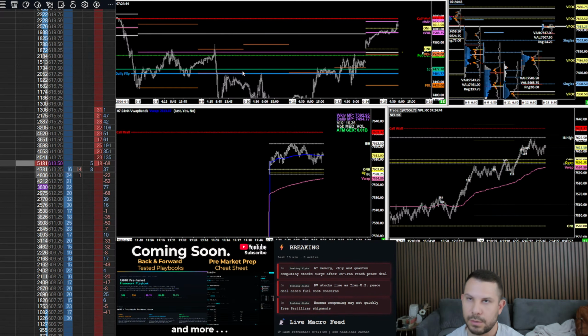There's a big congestion here at 613, 614. It looks like it's just kind of stalling there, which is right where VWAP is.